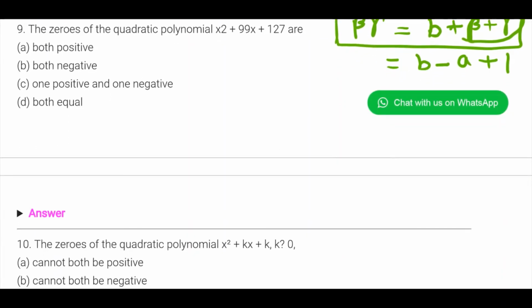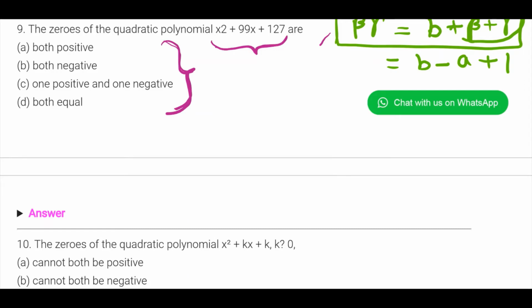Next is the 9th question. Given that the zeros of the quadratic polynomial are given, we'd try to solve by splitting the middle term. But in the options, it didn't ask for the exact values of the zeros of the polynomial. It just asked if they are positive or negative.